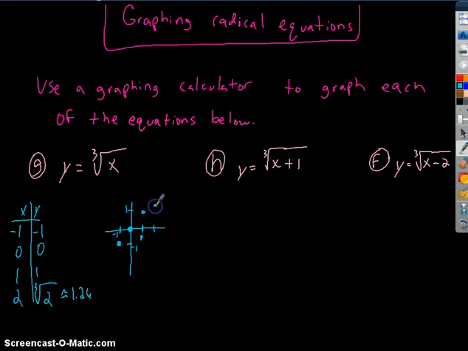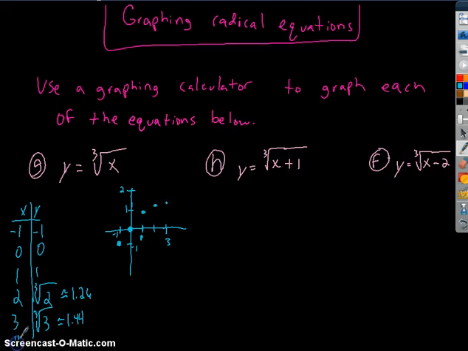It's about right here. At 3, output's cube root of 3. That's about 1.44. So at 3, output is still not very far from 1. It's creeping up very, very slowly.